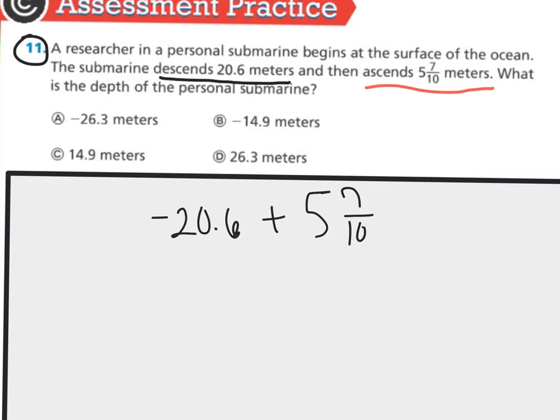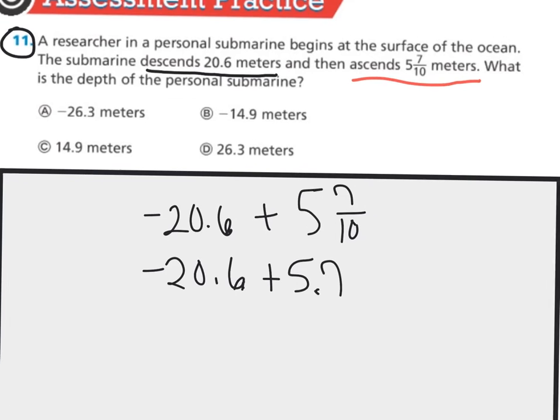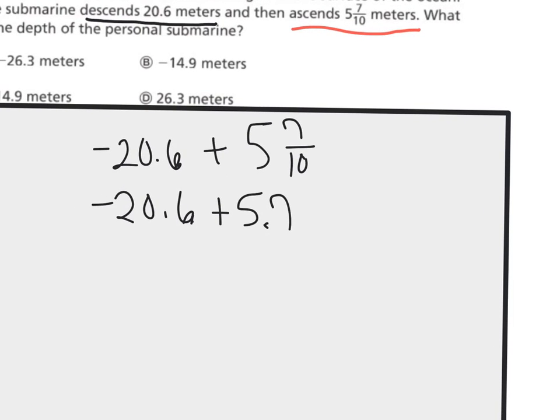This is like what we looked at earlier in the book, where we've got one is a decimal and one's a fraction. So like I said, probably getting the fraction to the decimal, unless it's a repeating decimal, might be a good idea. So this one, with our denominator being 10, that is 5 7/10. Decimal would be 5.7. And then we just need to think about now what we need to do with these numbers. So these are different signs. We're going to take the difference here. We've got more of the negatives.